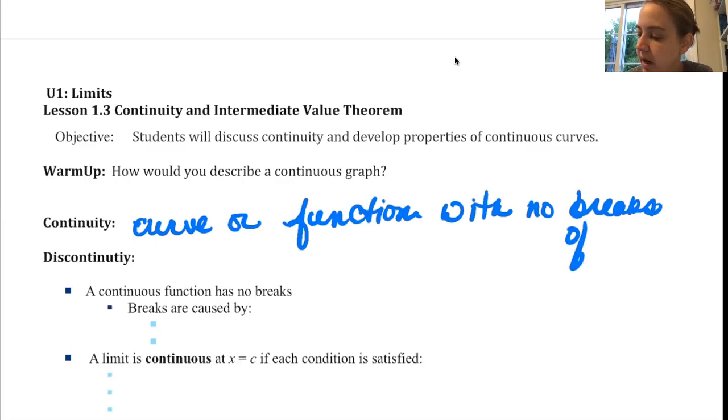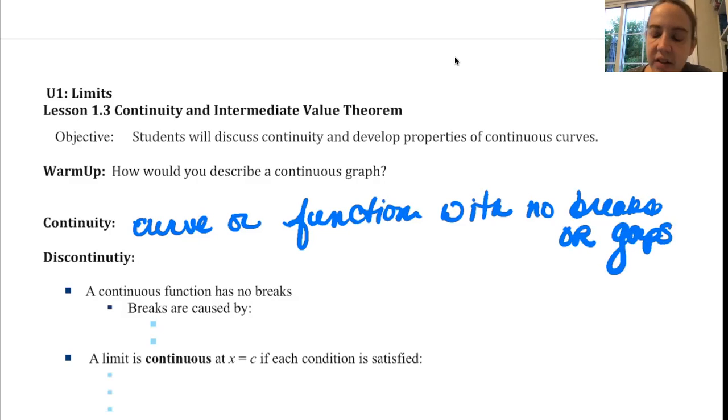This is a definition for a continuous function as opposed to continuity, but go with it, it's okay.